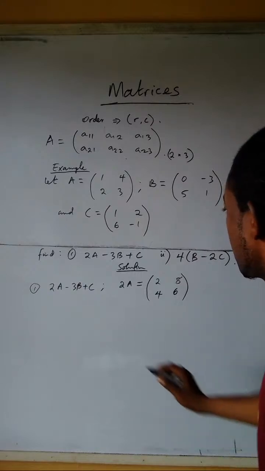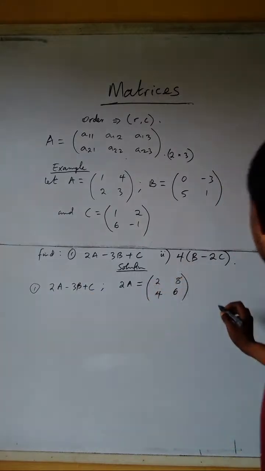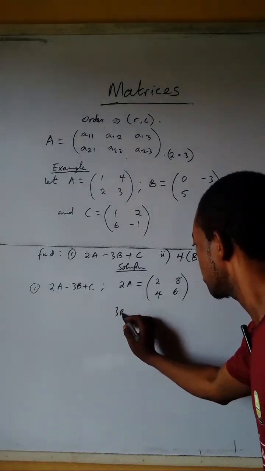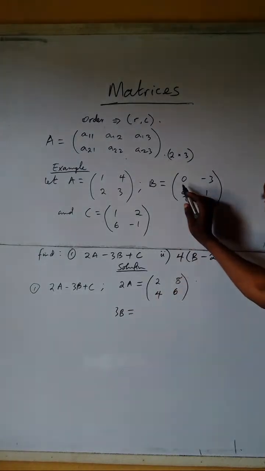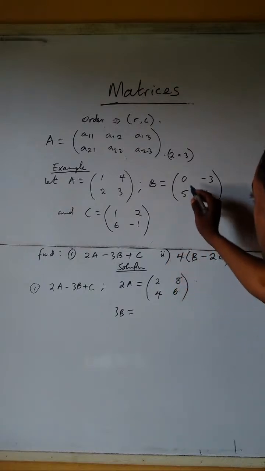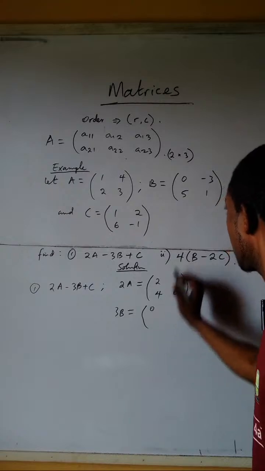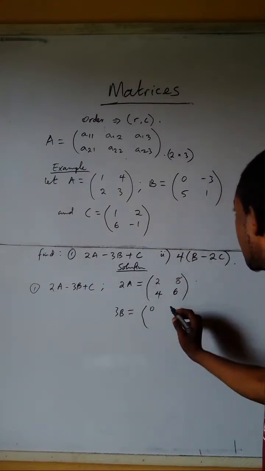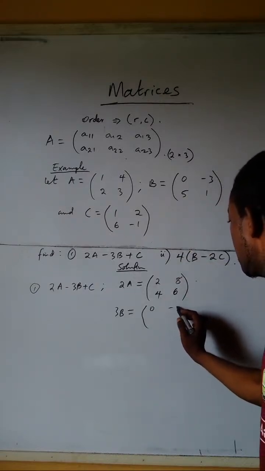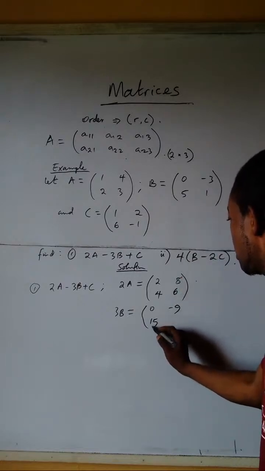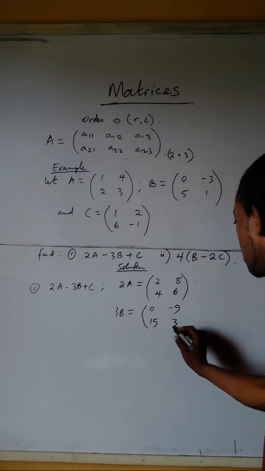Then also 3B. 3B is also 3 multiplying B, scalar multiplication. So we have 3 times 0, still 0. Then 3 times minus 3, minus 9. 3 times 5, 15. 3 times 1, 3.